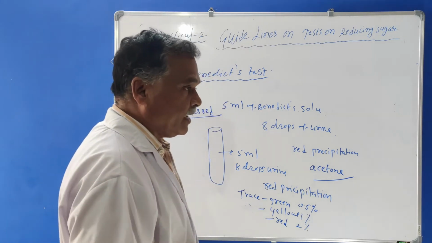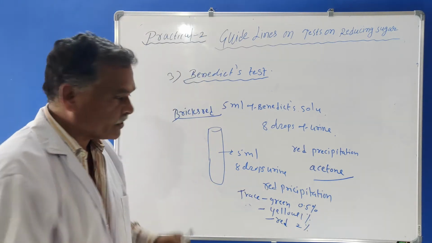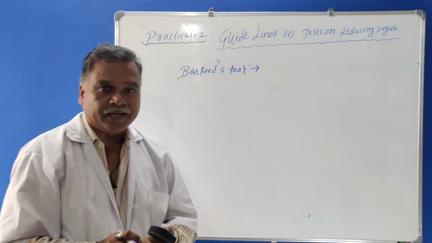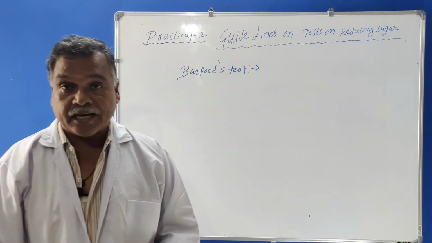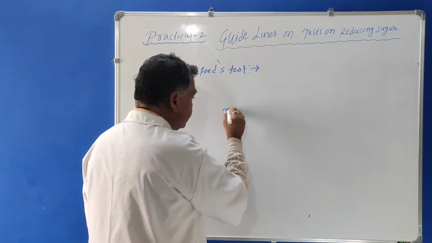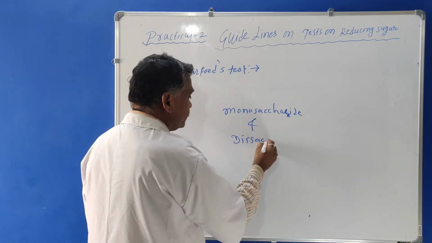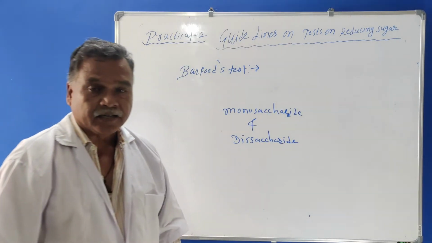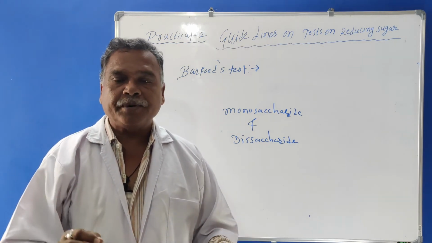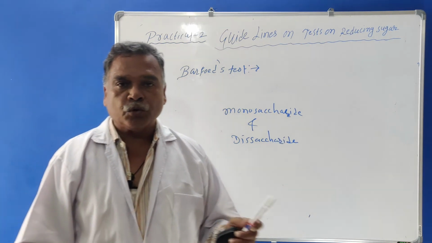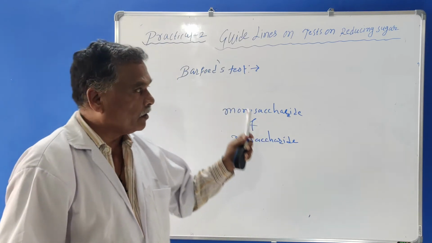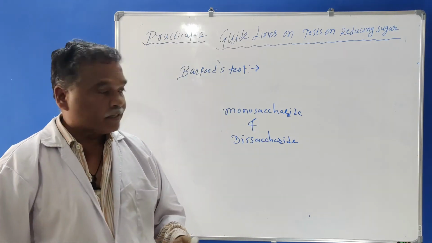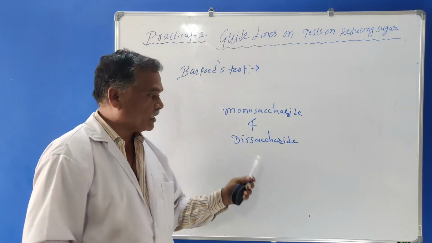Now we'll see another test known as Barfoed test. This test is meant to distinguish between monosaccharide and disaccharide. This test is specially meant only for monosaccharide. Monosaccharide can be detected in this Barfoed test, but it is not possible for disaccharide.